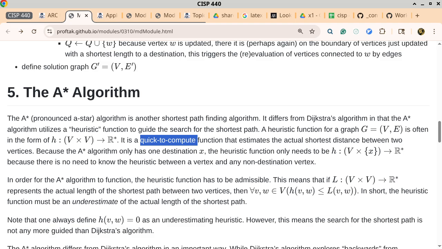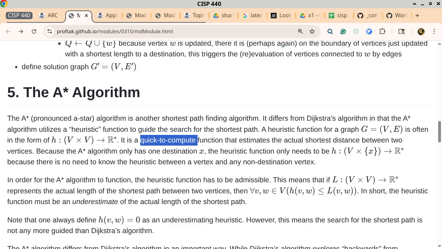So are we understanding what the heuristic function is? It is a non-overestimate of the length of the shortest path between any two vertices. Are we understanding that statement? Okay. All right.